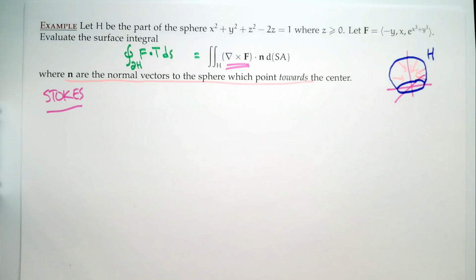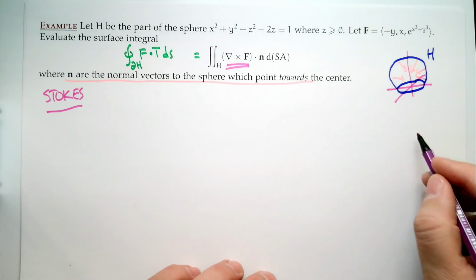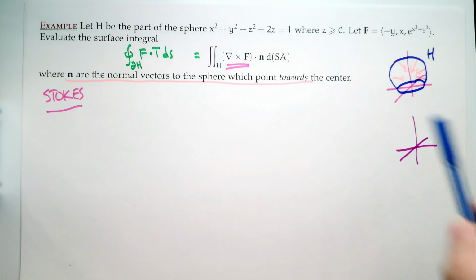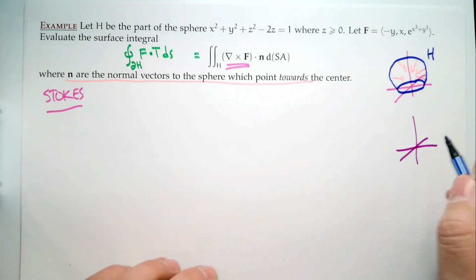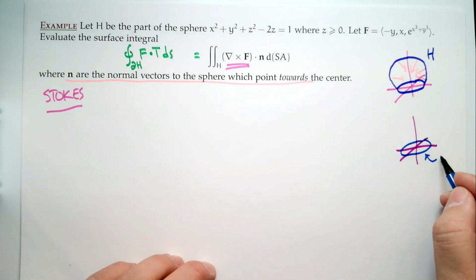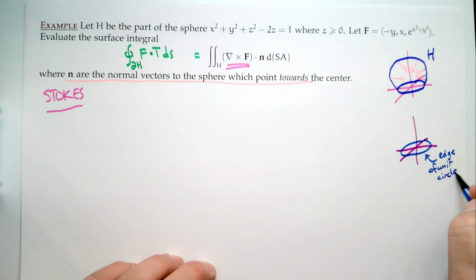Now, if you look at what we have here, our boundary is what's happening in the xy plane, because we start at z equals 0. So our bounding curve here is the edge of the unit circle. That's what our bounding curve is. So now we ask ourselves the question, what would be a better surface that has the same boundary?